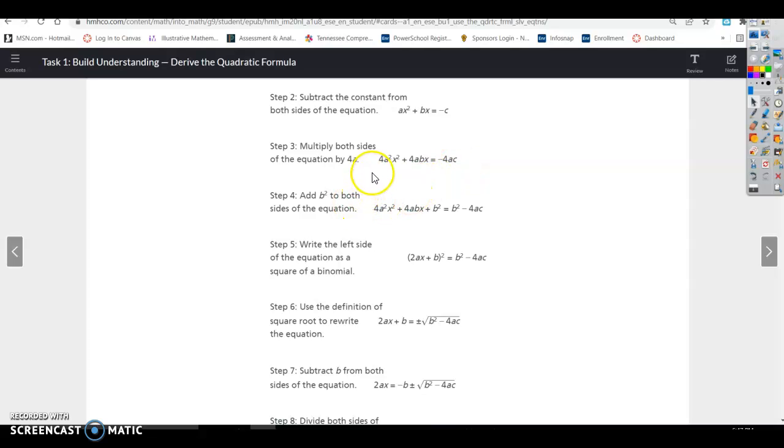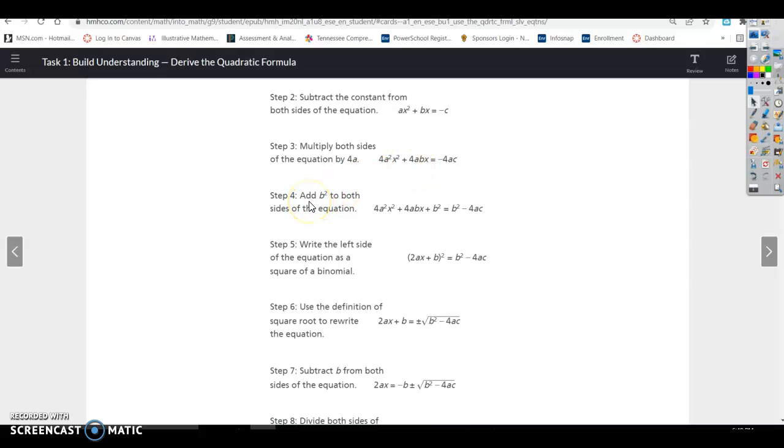Now when you multiply the whole equation by the same thing, this whole equation is just 4a times bigger than this, but they're still equivalent. And again, the reason we did that is we need this first term to be a perfect square because we're trying to make this into a perfect square trinomial so that we can write it in factored form, and that's how we do completing the square.